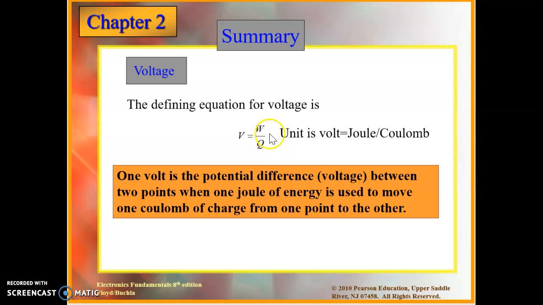The unit is volts, work is in joules, and the charge that we are moving is in coulombs. So the definition of voltage is work over charge, or joules over coulomb.